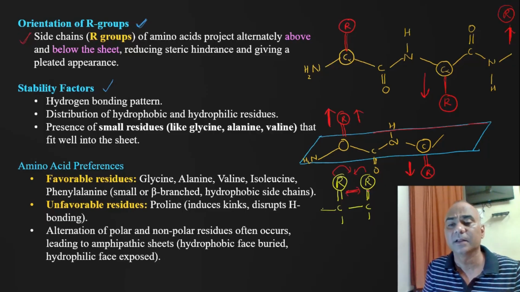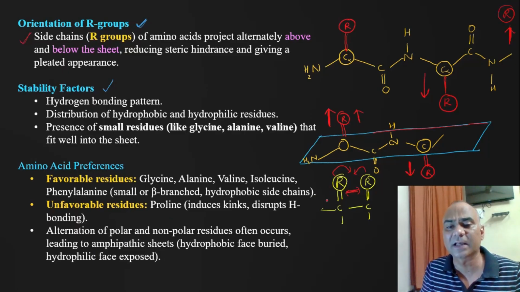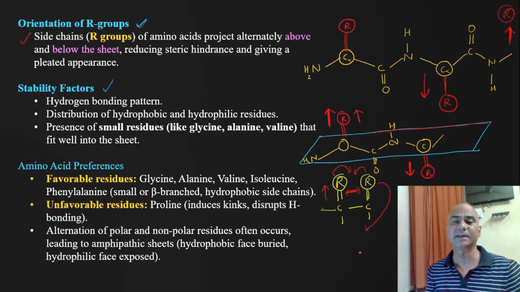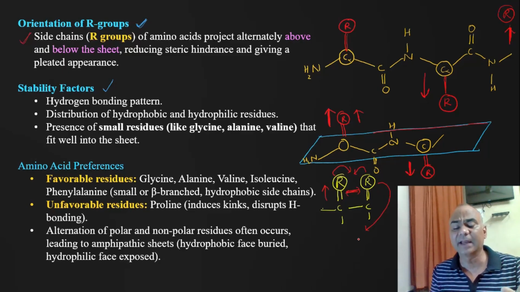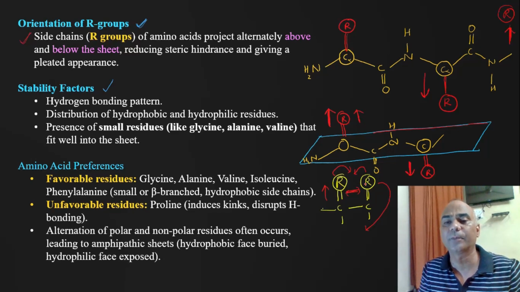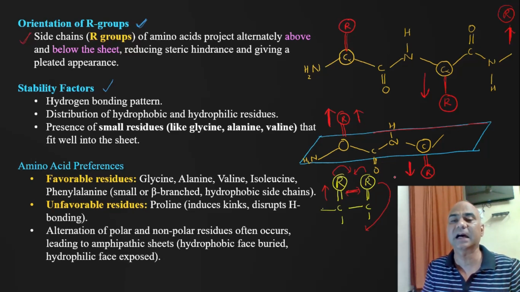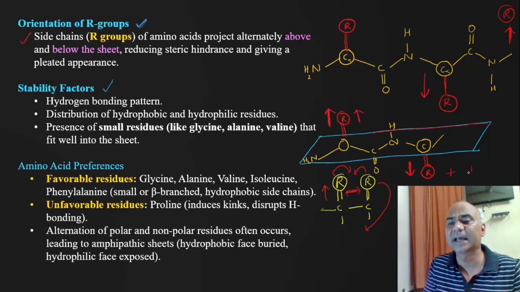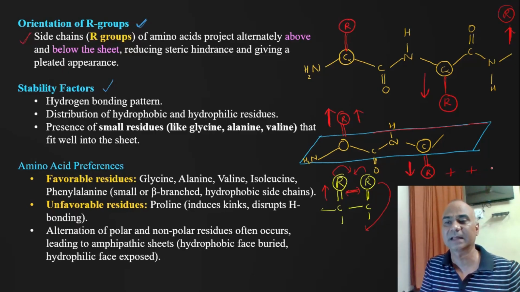This is the reason that the alkyl group of one amino acid is projected upward and the alkyl group of the next amino acid is downward. And another reason: if the alkyl groups of two adjacent amino acids are positively charged, they can repel each other, and if the alkyl groups are negatively charged, this also causes repulsion.